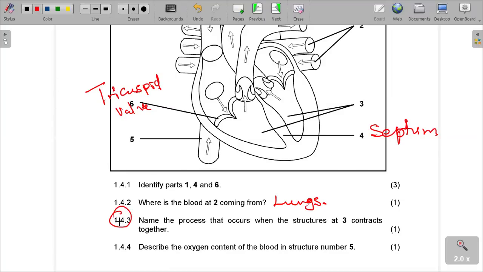Number 1.4.3. This is called what? When these structures contract together, what is the process that takes place there? It is called the ventricular systole.